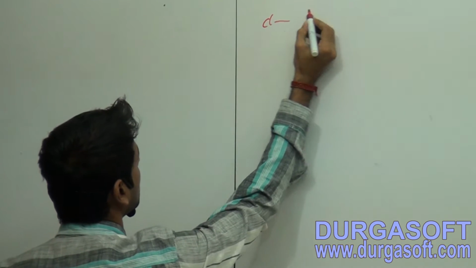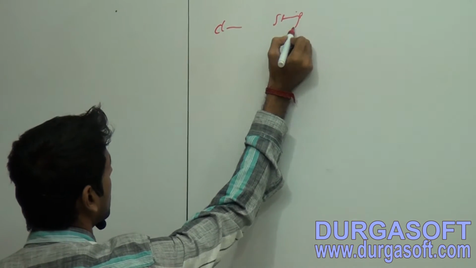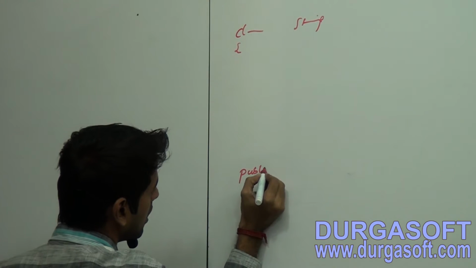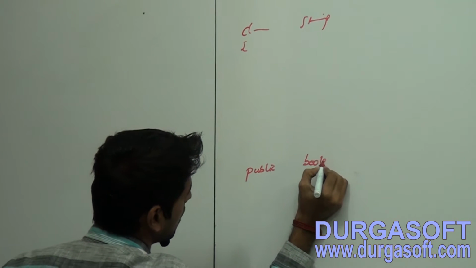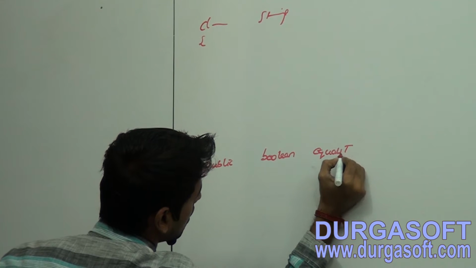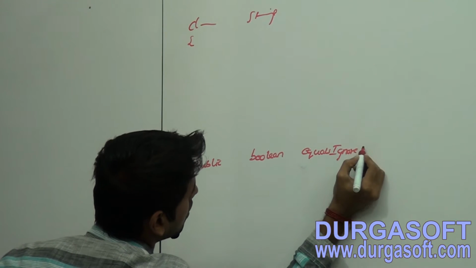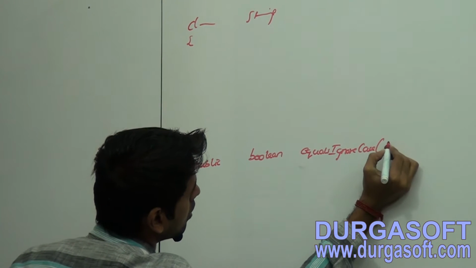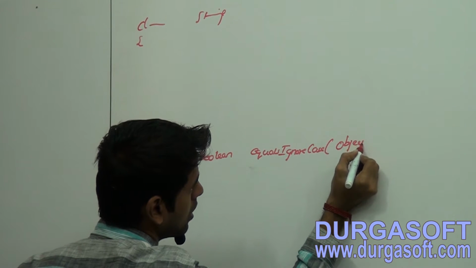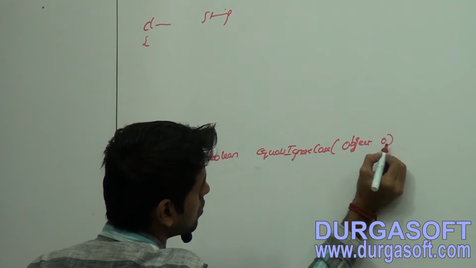We have the class called String. Within the String class we have one method called public boolean equalsIgnoreCase. As an argument it takes an object.